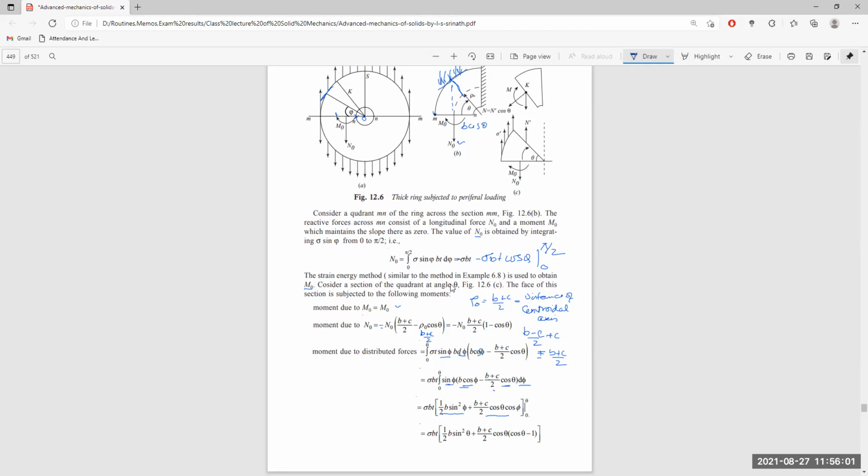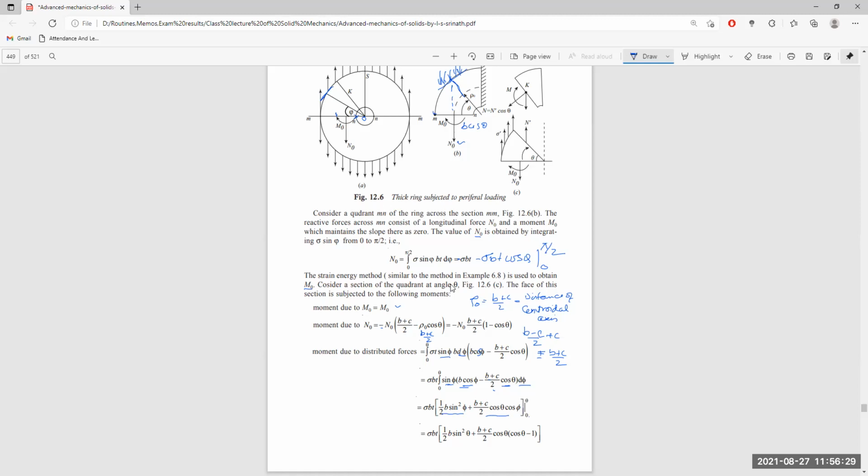So it becomes minus, half b sine square theta plus (b plus c) by 2 cos theta, minus 1. How are you getting it? You know that sine phi multiplied by cos theta, after integration, will become cos phi, and cos phi cos theta is there.